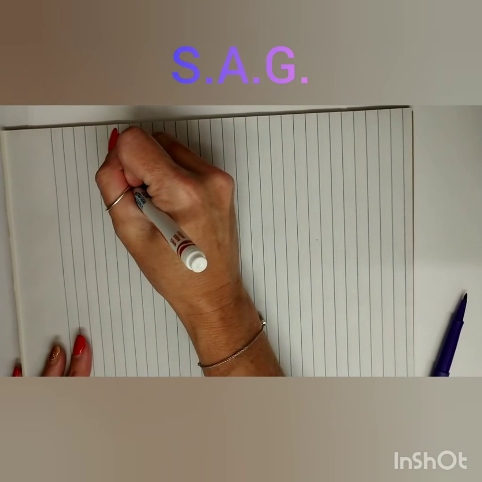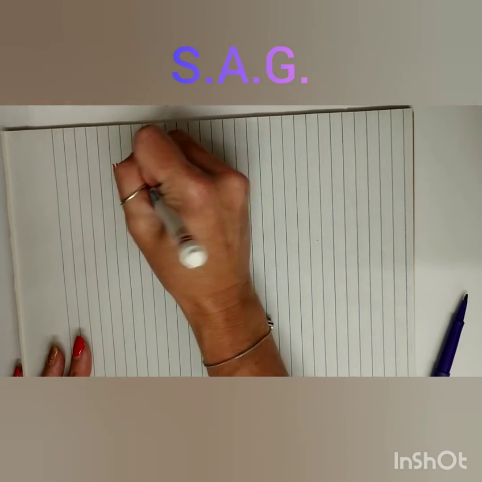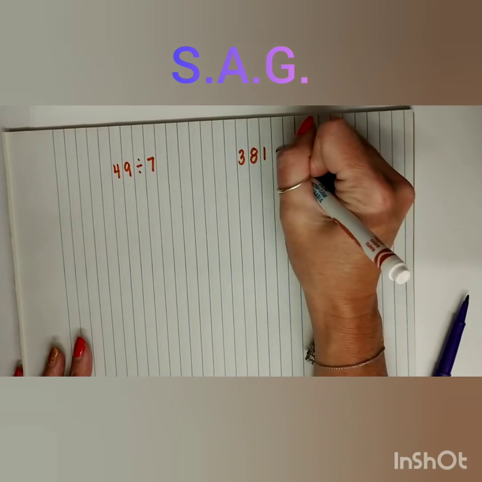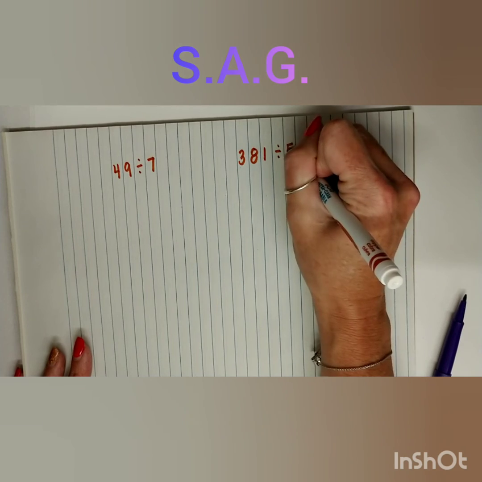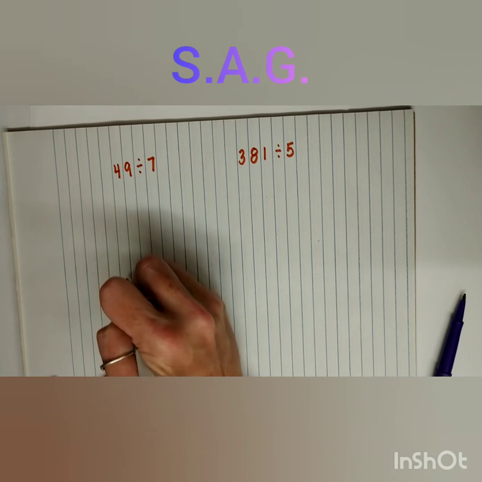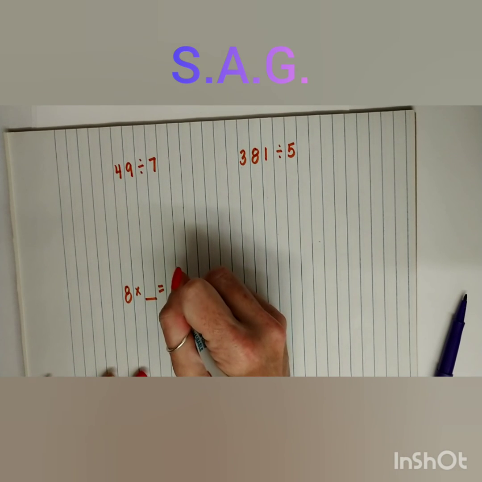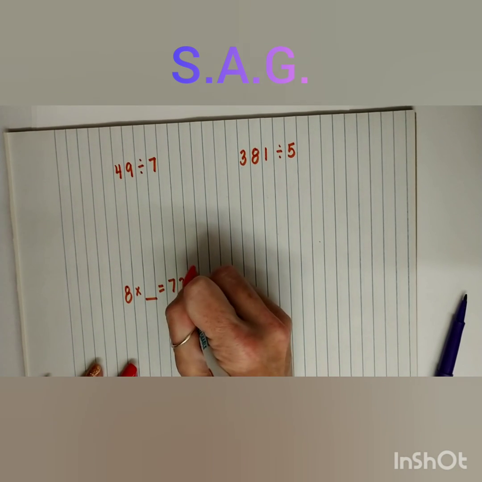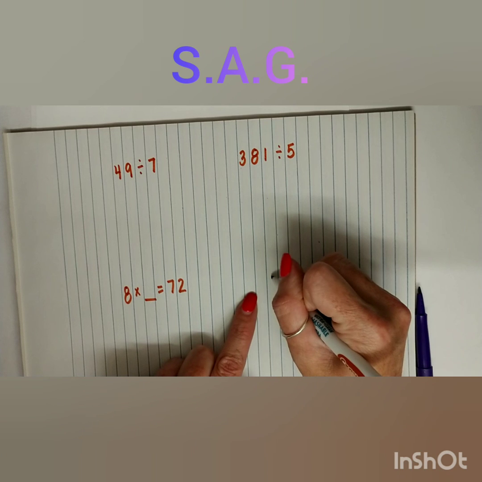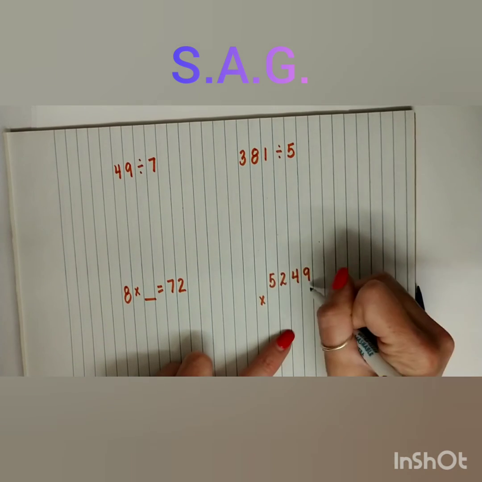We have 49 divided by 7. 381 divided by 5. 8 times blank equals 72. And 5,249 times 3.